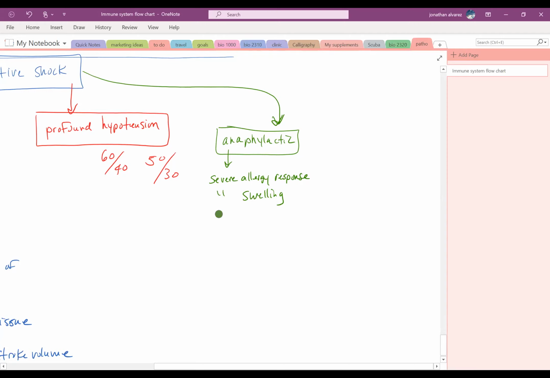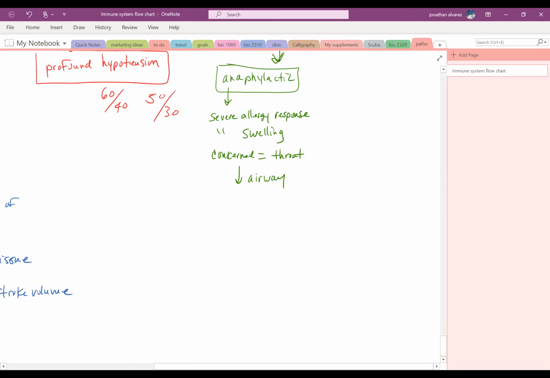And you would be worried about the throat, so decreased airway, right? That would be a concern. Okay.